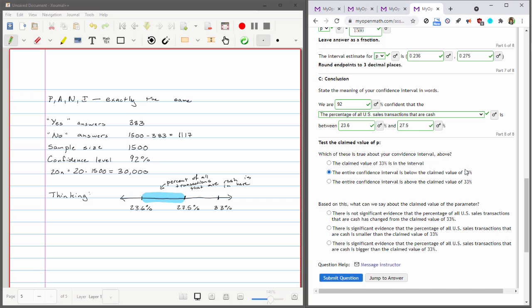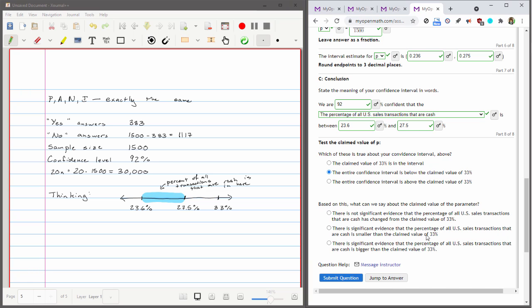What does that mean? We think that the actual proportion is in that interval. 33 is not in the interval. We think that the actual proportion is probably less than 33.